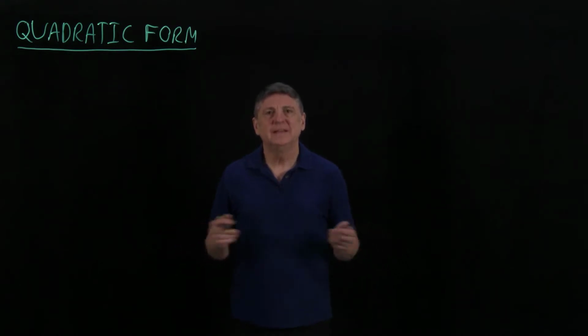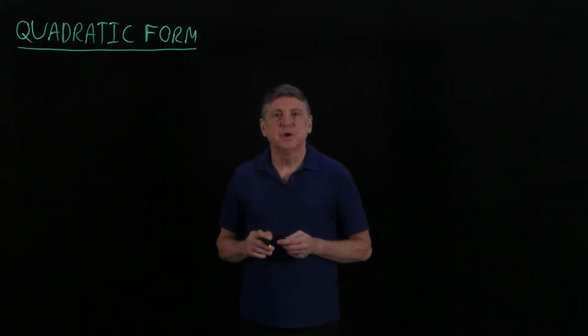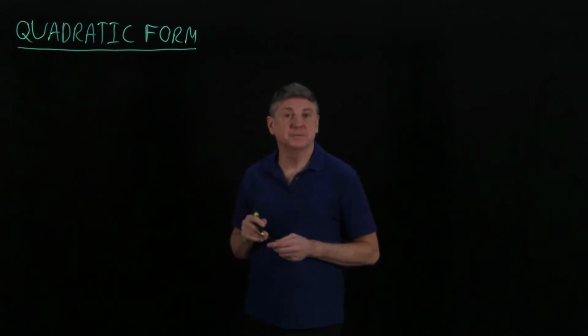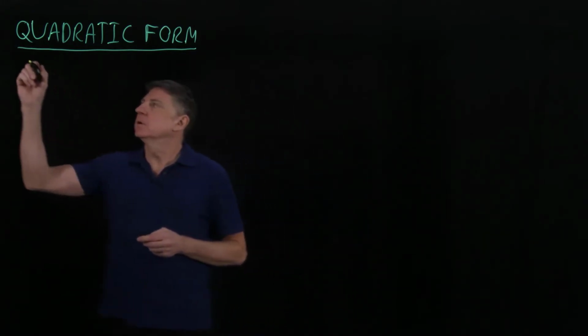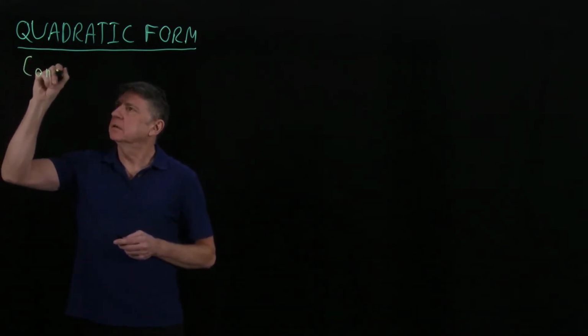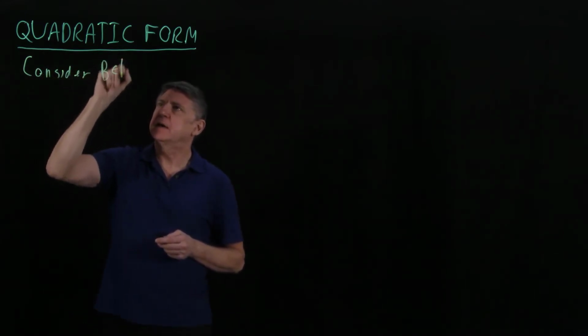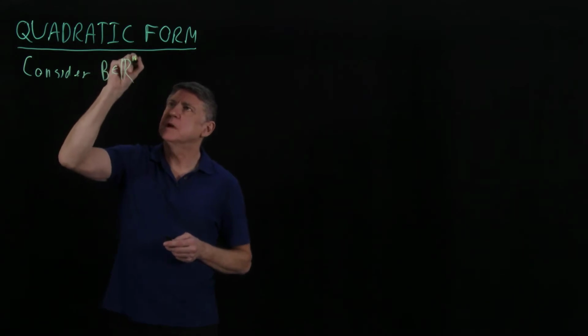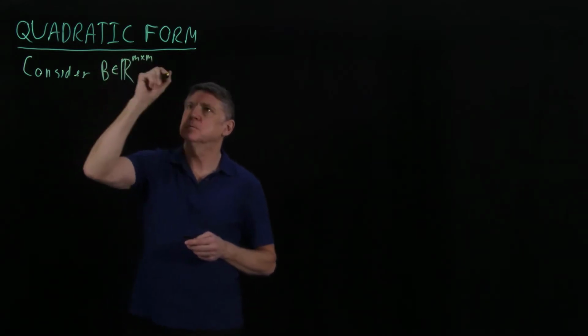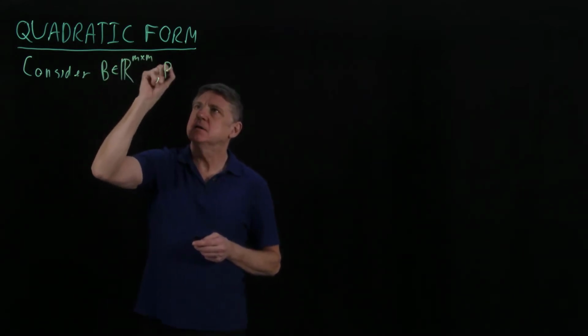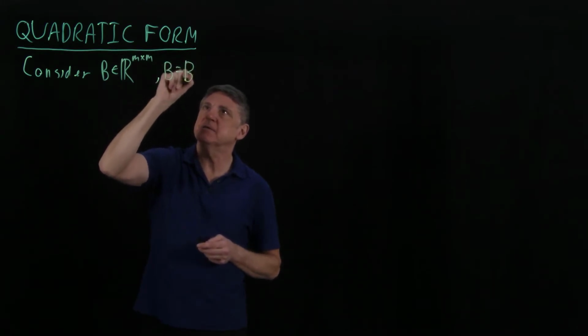Welcome. In this session in linear data analysis, we'll explore the quadratic form of a symmetric matrix. Let's consider a matrix that has all real numbers, m rows, m columns, and that the matrix is a symmetric matrix.